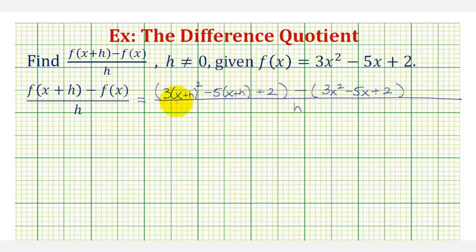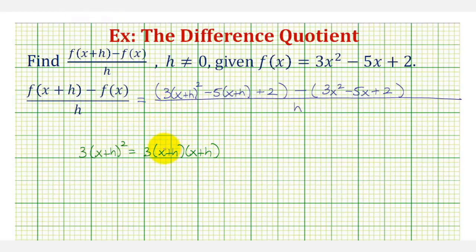Now we're going to multiply out f of the quantity x plus h. So let's first find 3 times the quantity x plus h squared. Let's go ahead and do this on the side. 3 times the quantity x plus h squared is equal to 3 times the quantity x plus h times the quantity x plus h. Let's go ahead and find the product of the two binomials first.